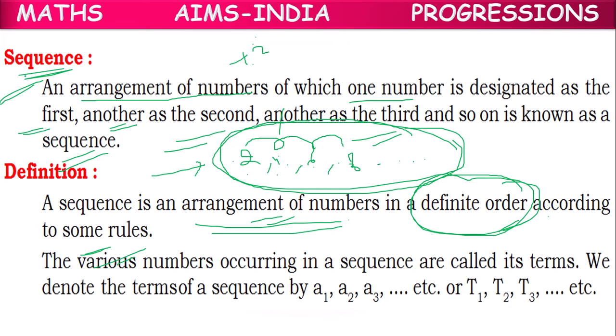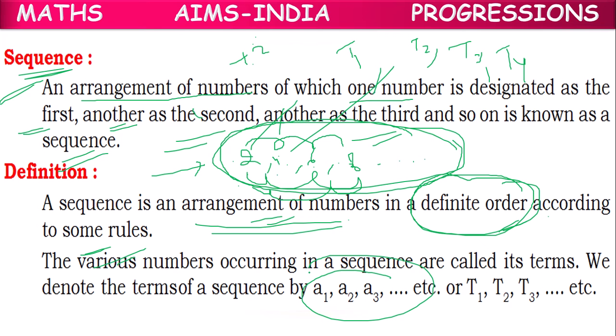The various numbers present in the group are called terms. They are denoted by term 1, T1, term 2, T2, term 3, T3, term 4, T4. So the numbers present in the sequence are denoted with the symbols T1, T2, T3, etc., or sometimes A1, A2, A3 and so on.